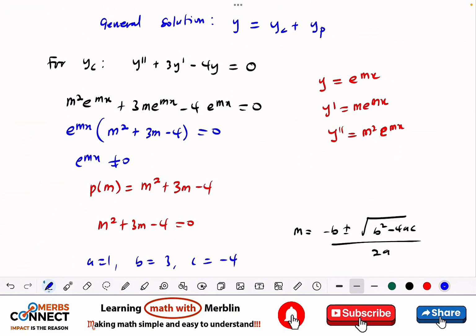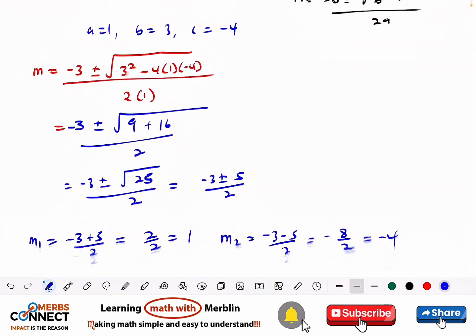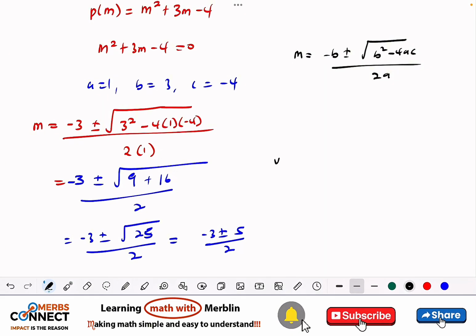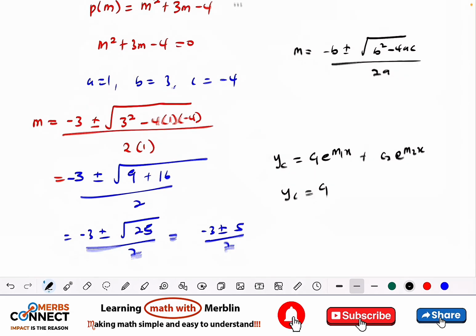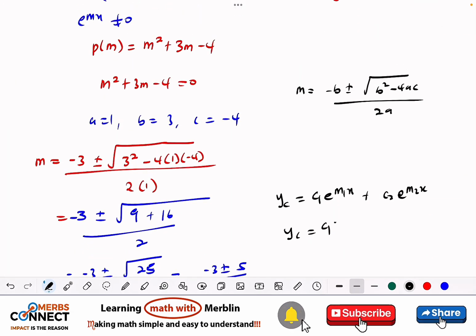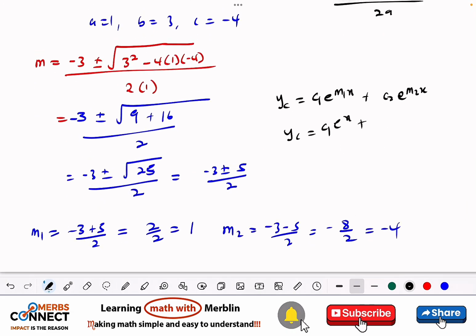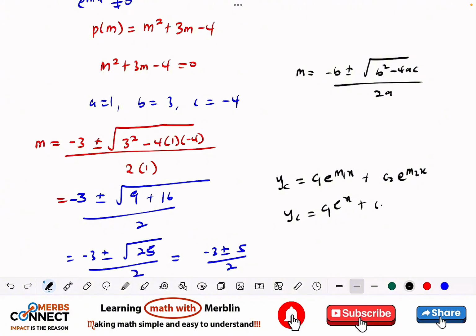So we can consider the complementary solution. The complementary solution is going to be yc, which is equal to c1 e to the power m1x plus c2 e to the power m2x. So m1 is 1, then m2 is minus 4, so c1 e to the power x plus c2 e to the power minus 4x.